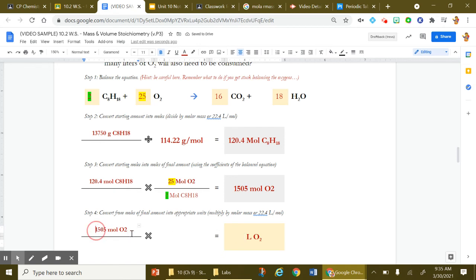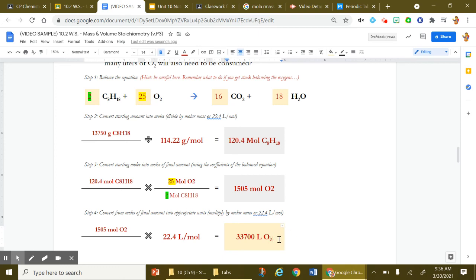Now, when we're going from moles into liters, we're going to multiply, and we're going to multiply by, well, hey, liters, guys, finally we can use 22.4 liters per mole. So we're taking this number, we're going to multiply it by 22.4, and we're going to get a big number. Yes, we are going to burn through 33,700 liters of oxygen gas.